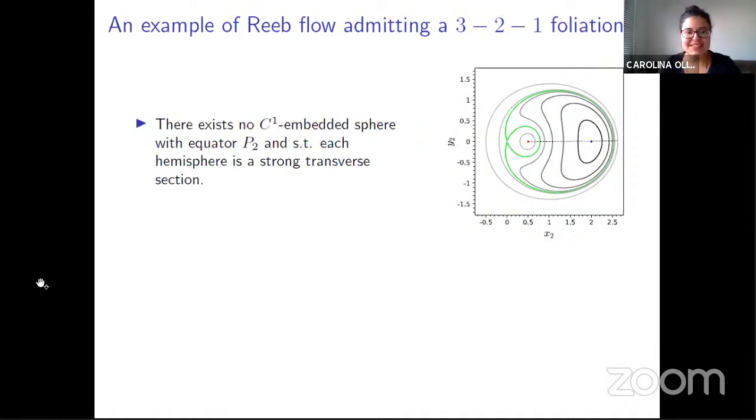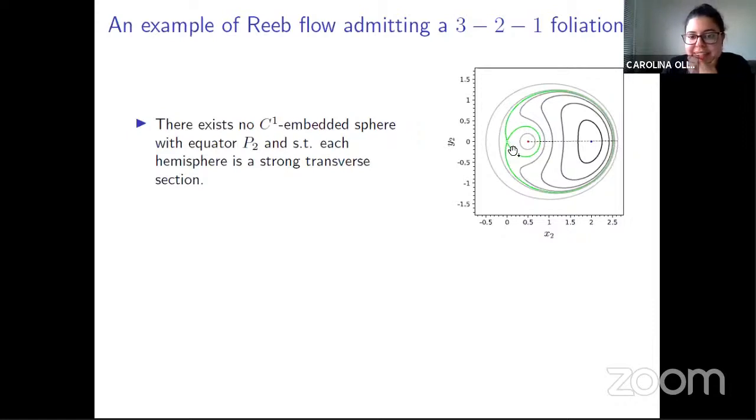So that hypothesis about the non-existence of a sphere with a weight of P2 can be checked in this case because here, since it's a separable Hamiltonian, it's easy to see that the stable and unstable manifold will project exactly to this green curve here.